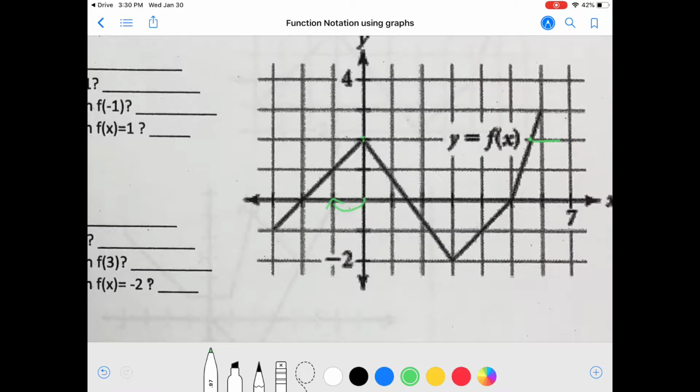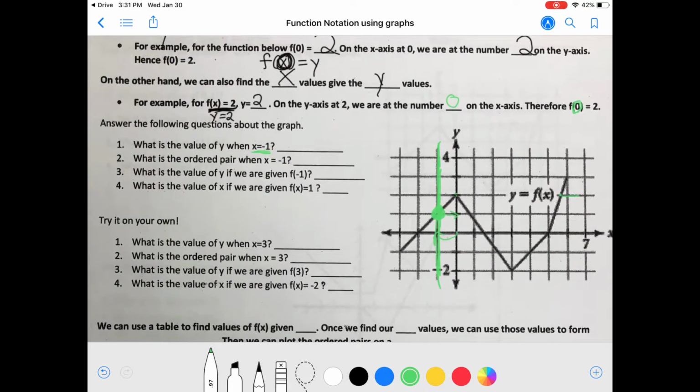Now, looking at just this line, when x is -1, where is my function crossing this line? Only at this point. I'm just looking at this point, and I see that my y value is +1. So I'm going to write for number 1, +1.